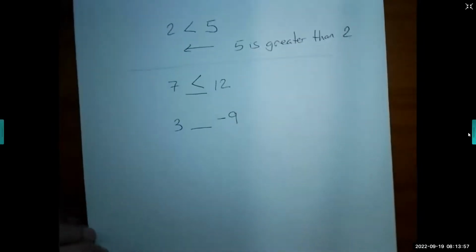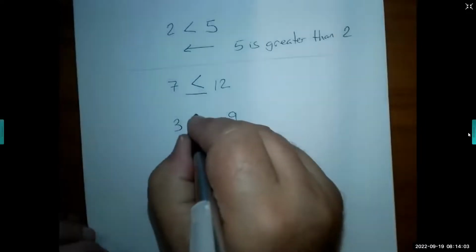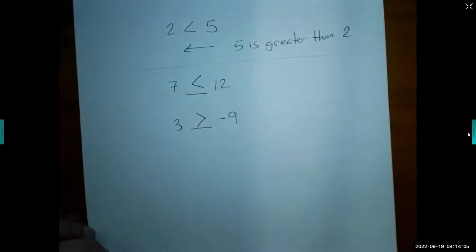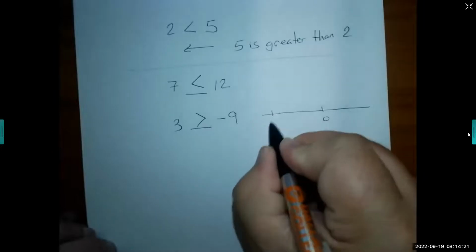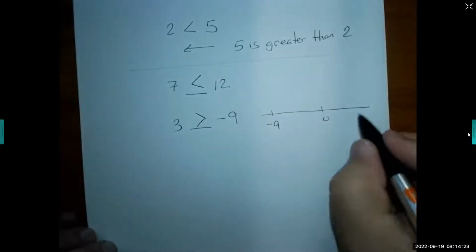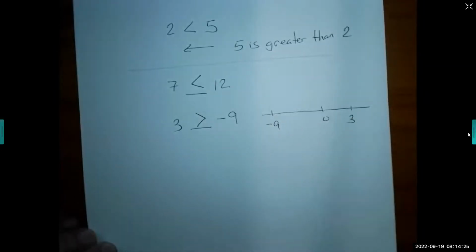How about this one? Right. 3 is greater than -9. Why is 3 greater than -9? Because if here's 0, let's say -9 is to the left, it's over here, and 3 is over here.